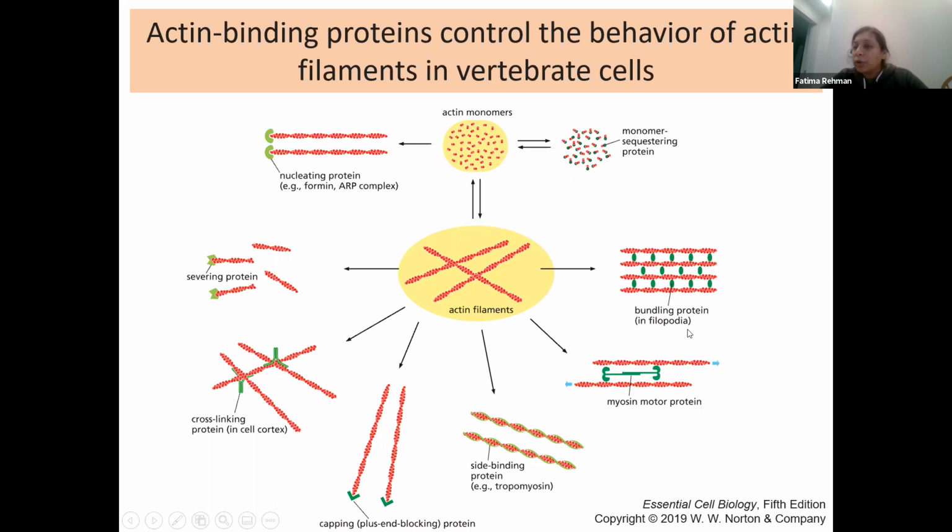This is something you'll see in filopodia or other pseudopodia structures to help in stabilizing that structure and help in movement of that cell. And then finally, you have proteins called severing proteins that can break off pieces of the actin filament to create smaller pieces for specific functions inside the cell as well.